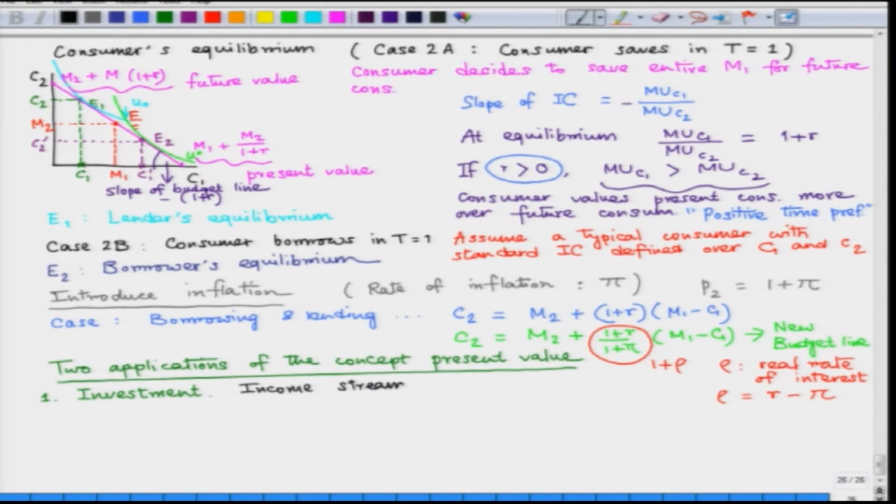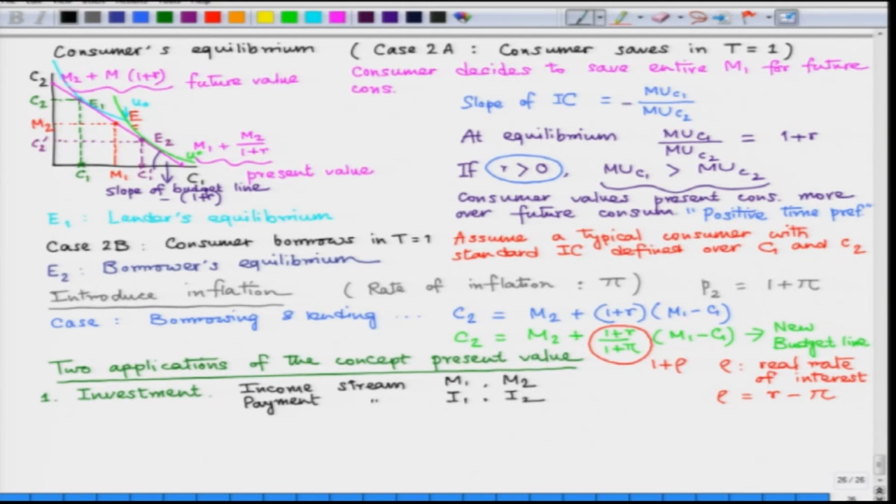or inflow of income. So, let us denote that by M1 and M2 respectively for period 1 and period 2, and there is some payment scheme or payment stream, that is basically outflow of money from the consumer's pocket, and let me denote that by I1 and I2, these are basically investments made by the consumer.